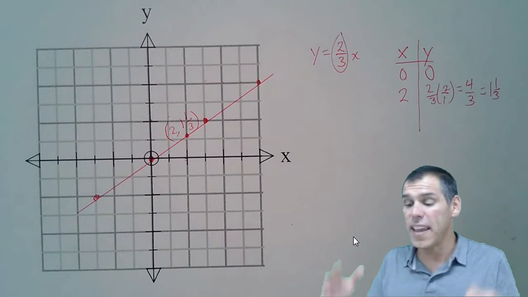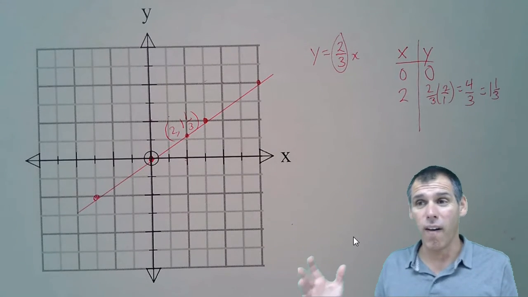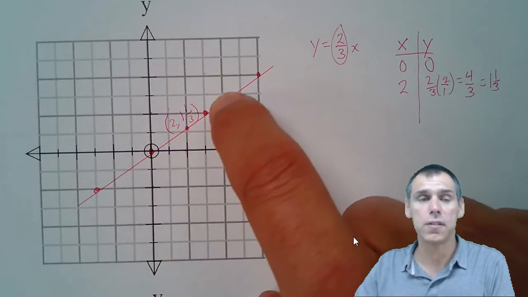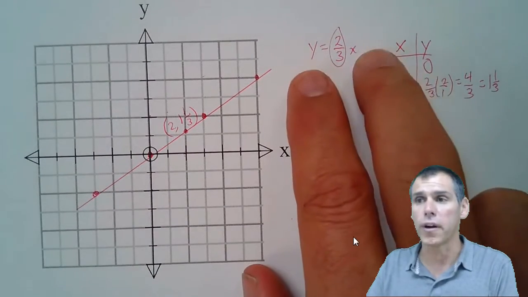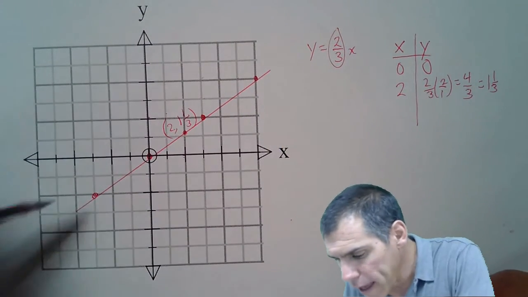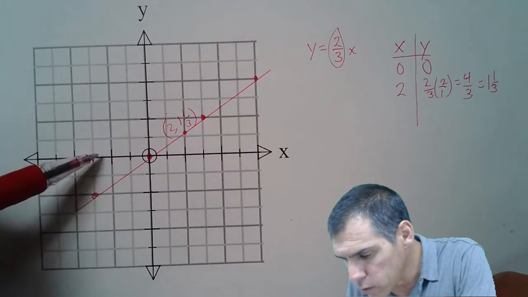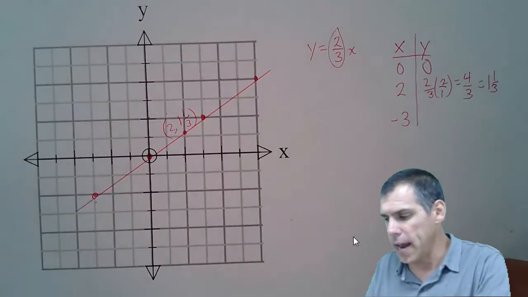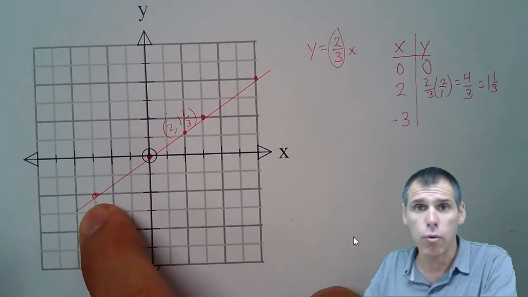See, every single ordered pair that makes up this line will work in this equation here. Let's say I have the point negative 3, and I should get negative 2 out.